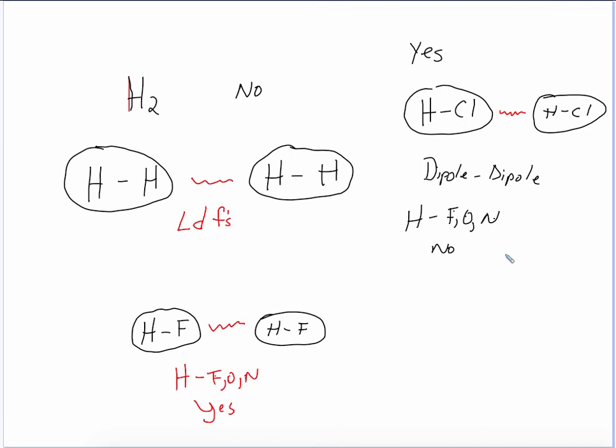So, because there is a hydrogen bonded to an F, O, or N, we end up getting what's called a hydrogen bond. Right here, it's the force between molecules, not inside of a molecule. That's called a covalent bond. Okay, a hydrogen bond is between molecules. All right, now that's it with that part.